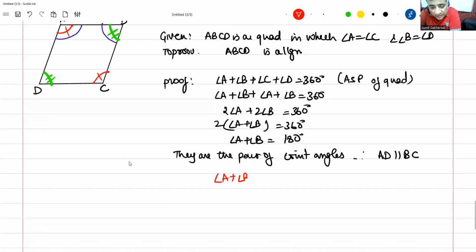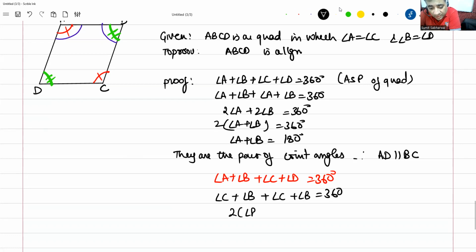See, the situation is just going to be the same. We just need to convert everything into angle B plus angle C. Angle A can be written as angle C, angle D can be written as angle B. Okay, 2 times angle B plus angle C is equal to, sorry, 360 degrees. So angle B plus angle C will be equal to 180 degrees.